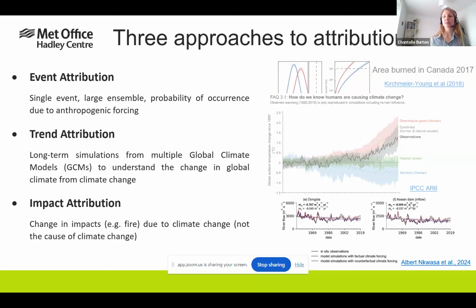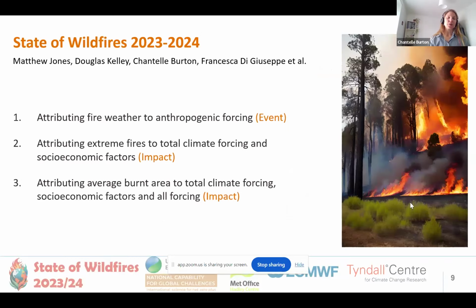So I wanted to give a few examples of each of these by introducing an exciting new report that I've been working on with Matt Jones from UEA, Doug Kelley at CEH, and Francesca Di Giuseppe at ECMWF, and many more people as well.